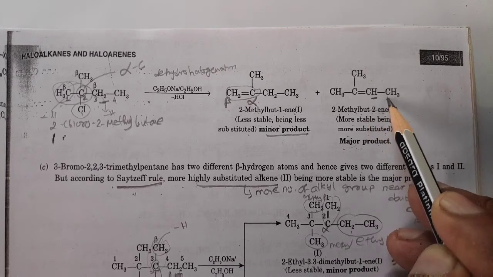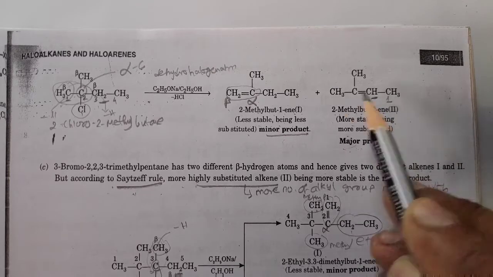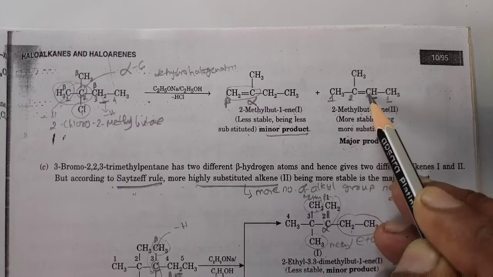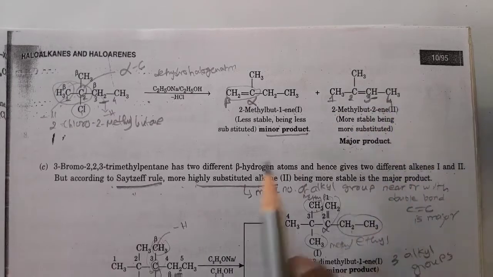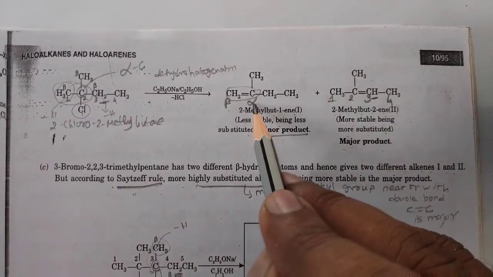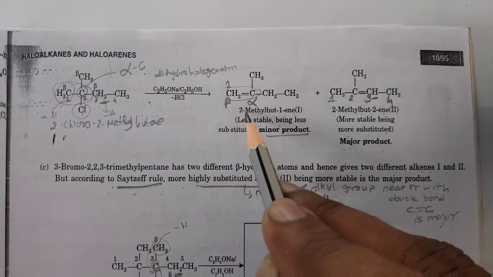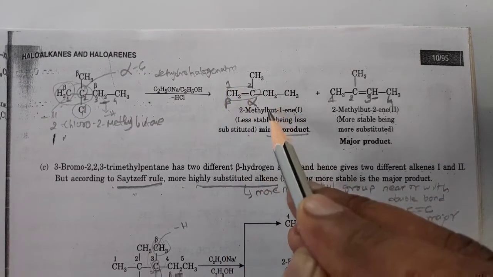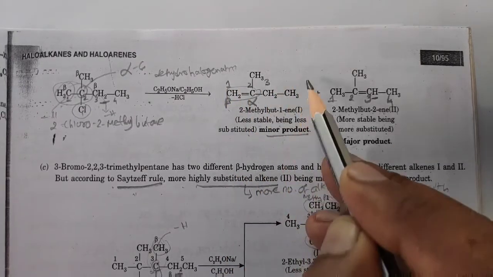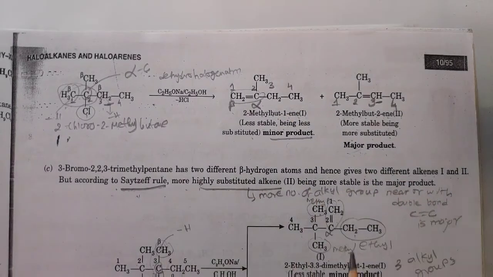So 1, 2, this is third and this is fourth carbon. In this case you can see this one is your carbon number 1, this is 2, this is 3 and this is 4.